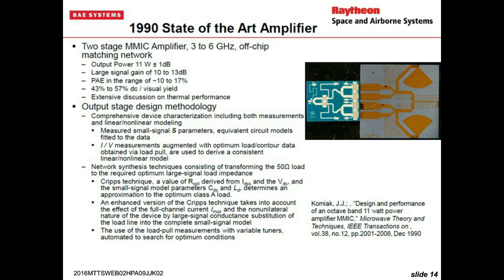When you go to a cascode, it's reduced Miller effect and therefore reduced feedback capacitance across the compound transistor, and therefore less interaction. And that allows you independent matching in those two networks.